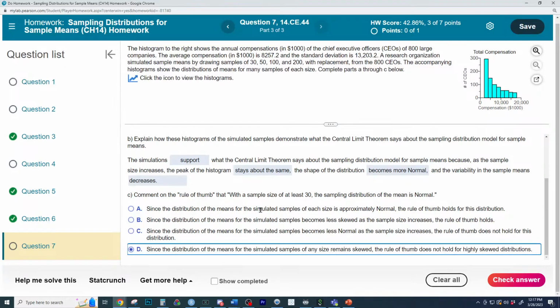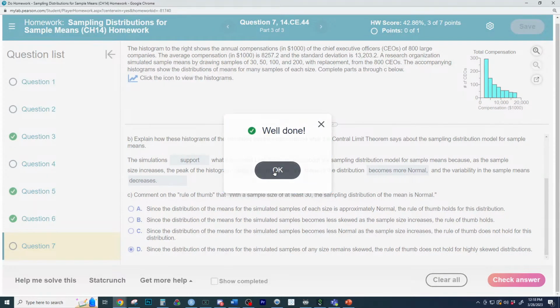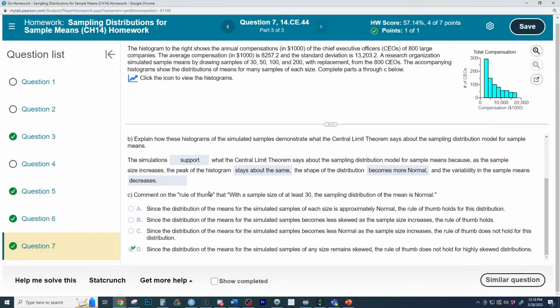So the only two answers we have right here are B and D. The rule of thumb does not hold for highly skewed data. We need very, very large sample sizes.